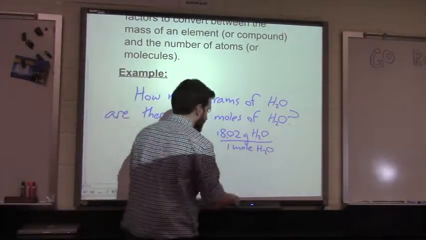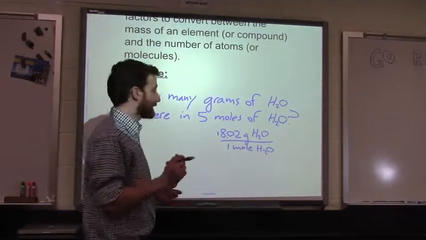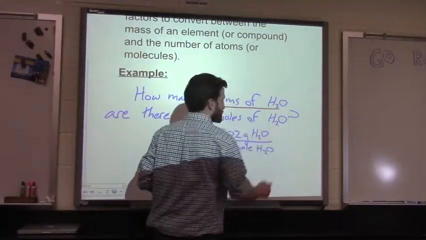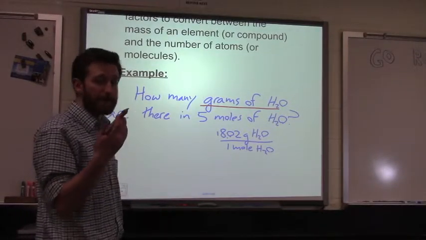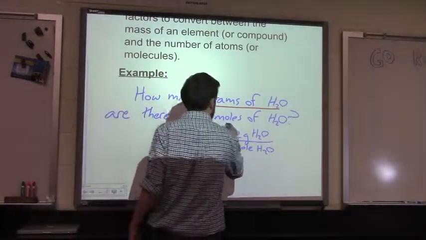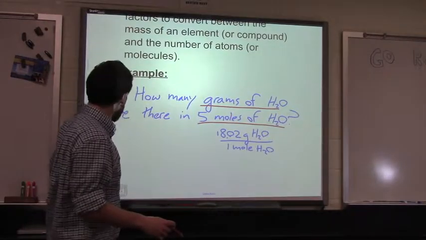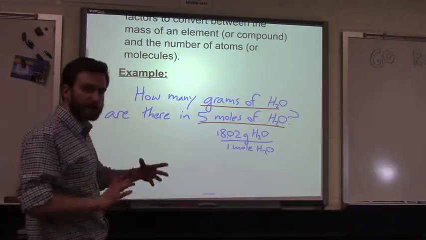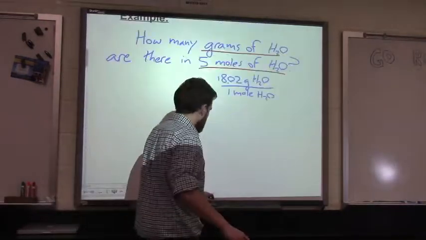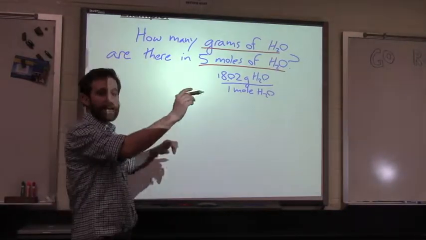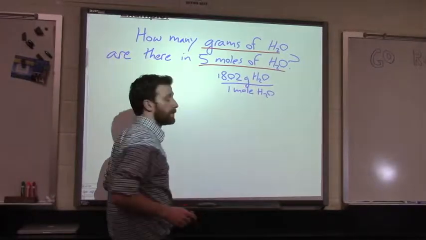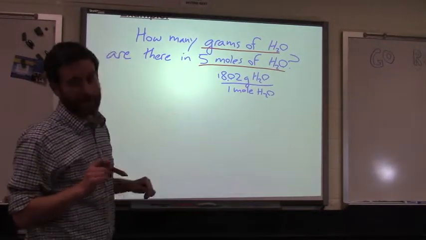And I identify my desired. I want to get into a unit of grams of water. And I'm going to identify what's given to me. I'm given 5 moles of water. And I think you'll see that this isn't a far leap from what we were just doing. The trickiest part is using the periodic table to determine your own conversion factors for these.